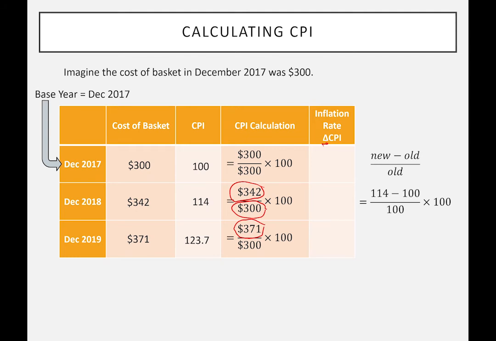So I would take the CPI in 2018, this is the new one, minus the old one of 100, and multiply by 100. That gives me the percentage form. So we get an inflation rate of 14%. If we do it for the next subsequent year, I take the new one minus the old one divided by the old one, and again multiplying by 100. This is only necessary to turn it into a percentage, and in this case we'd get 8.5%.